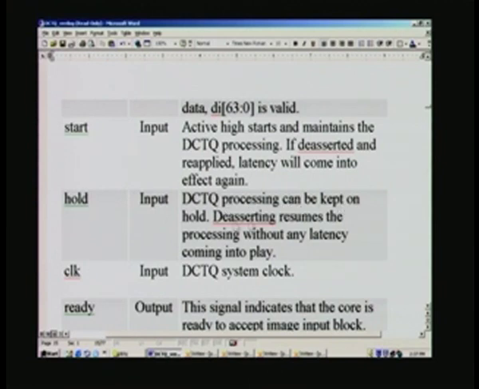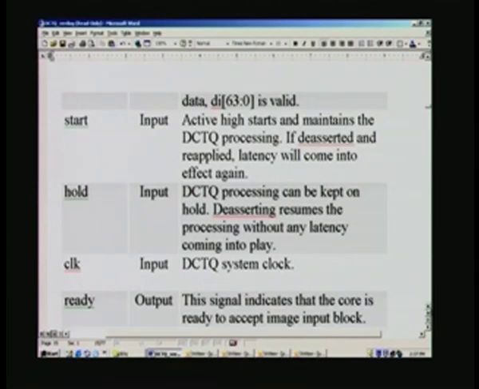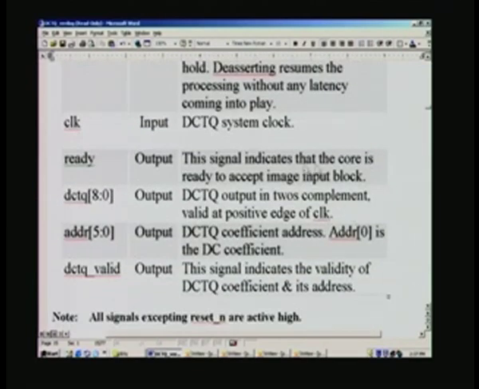DCT-Q processing can be kept on hold, deasserting resumes the processing without any latency coming into play, and clock is the system clock for DCT-Q operation, and ready is the output signal. This indicates that the core, core in the sense of the DCT-Q core, is ready to accept an image input block, and DCT-Q is the output in 2's complement, valid on the positive edge of the clock.